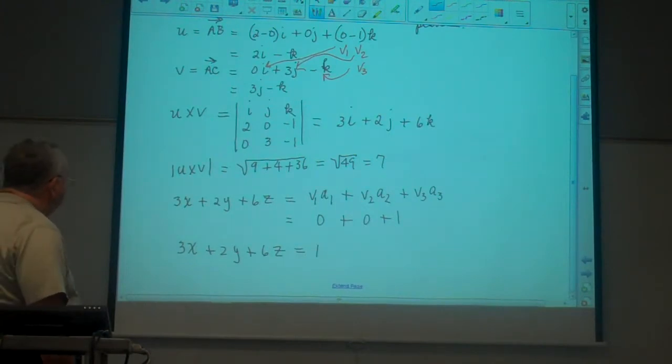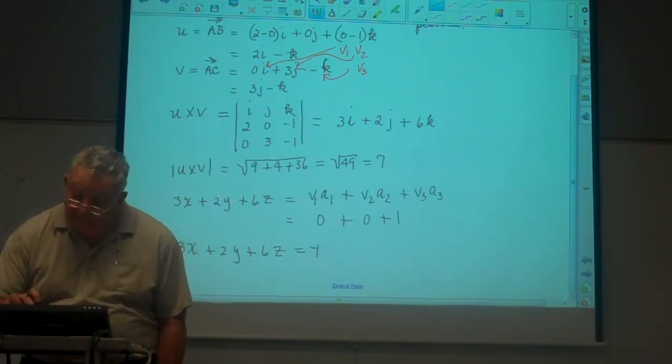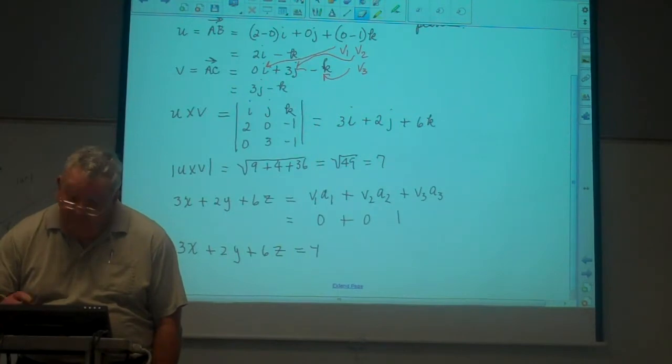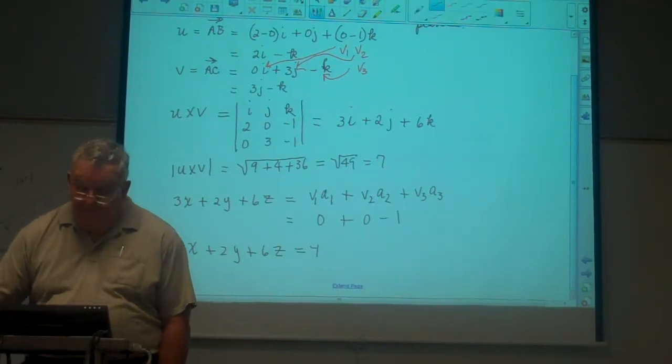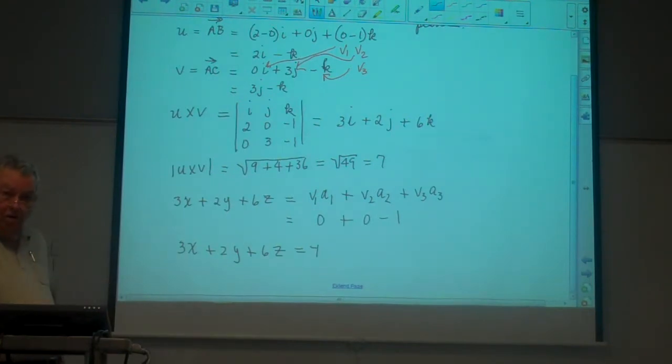So 1 times negative 1. How about that? That's not so bad, is it? The computer says it's equal to 6. The book says the right side is equal to 6.